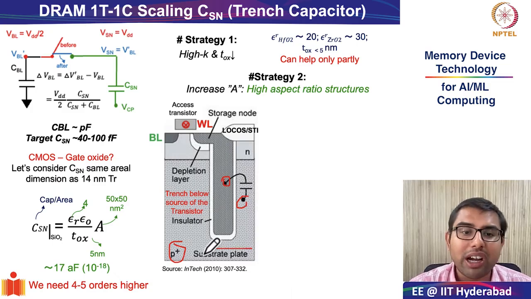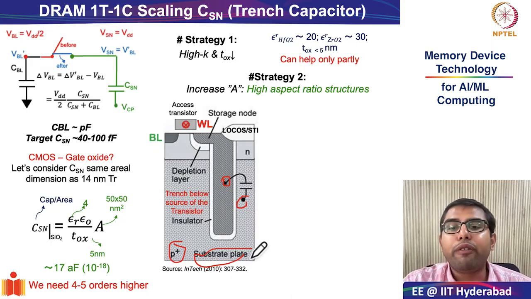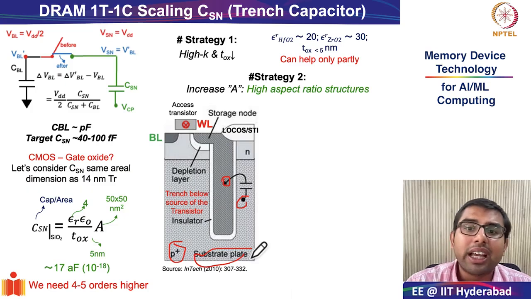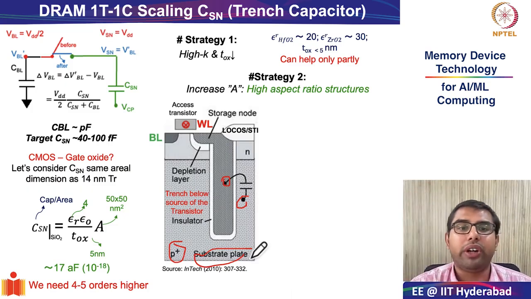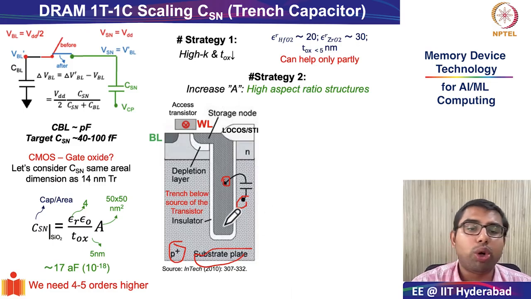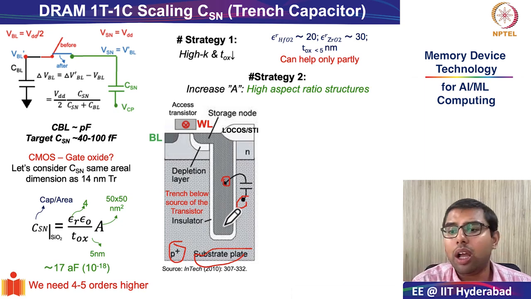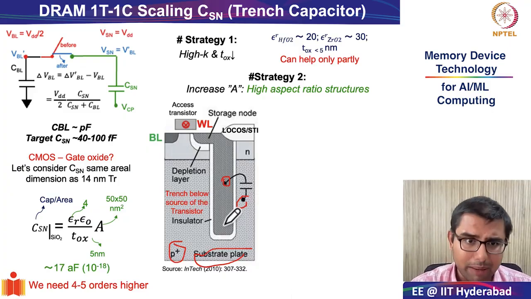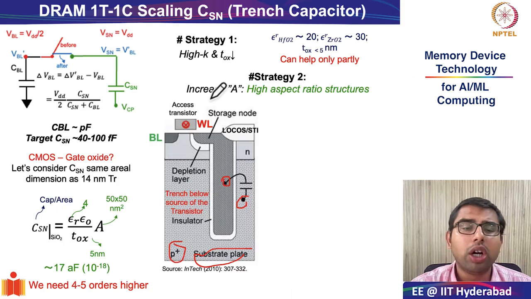Now remember, the substrate plate we have seen previously also was common across different cells in the same substrate. So this is how you fabricate your storage node capacitor using the deep reactive ion etching process. Next, only after you have done the fabrication of your trench capacitor, you move on to fabricate your access transistor.